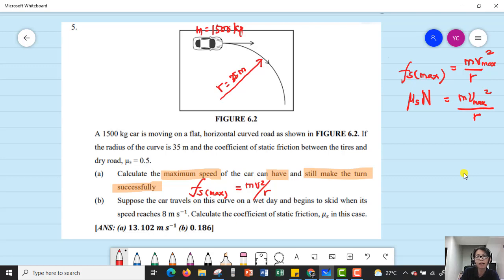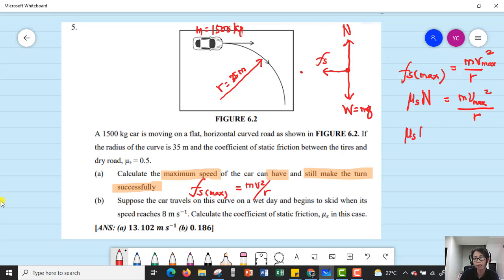So for a car, if you refer back to the free body diagram that we drew for the car just now, towards the center of the circle we have friction force, then we have weight downward, and normal reaction force upward. From the free body diagram we can see the normal force is the weight of the car.